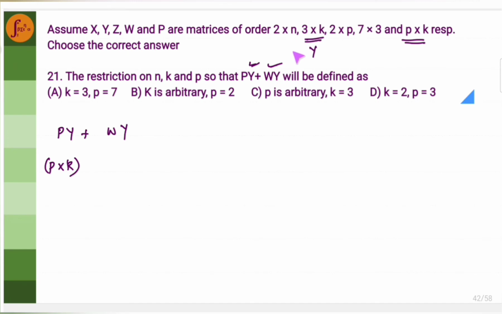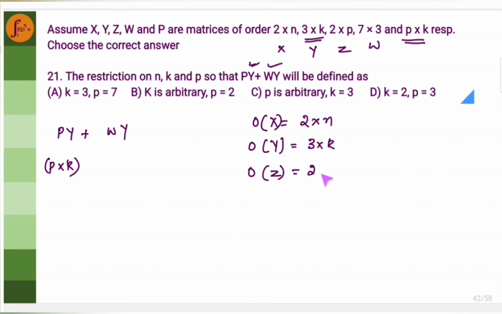This is for Y, this is for X, this is Z, this is W. So the order of X is 2 into N, order of Y is 3 into K, order of Z is 2 into P, order of W is 7 into 3, and order of P is P into K.